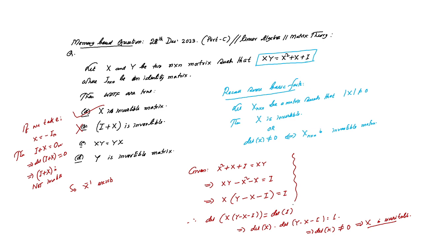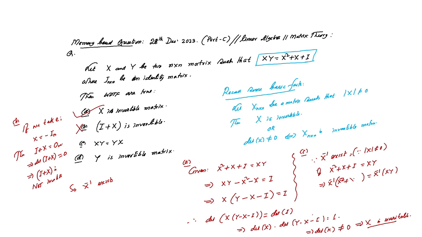So here you will see what is Y. Since X inverse exists, as the determinant of X is non-zero, and X square plus X plus I equals XY, we just pre-multiply by X inverse on both sides.